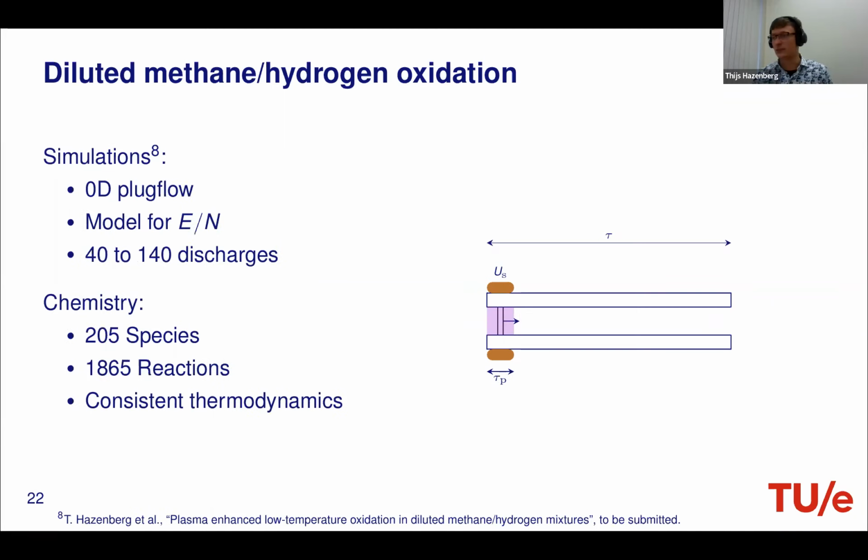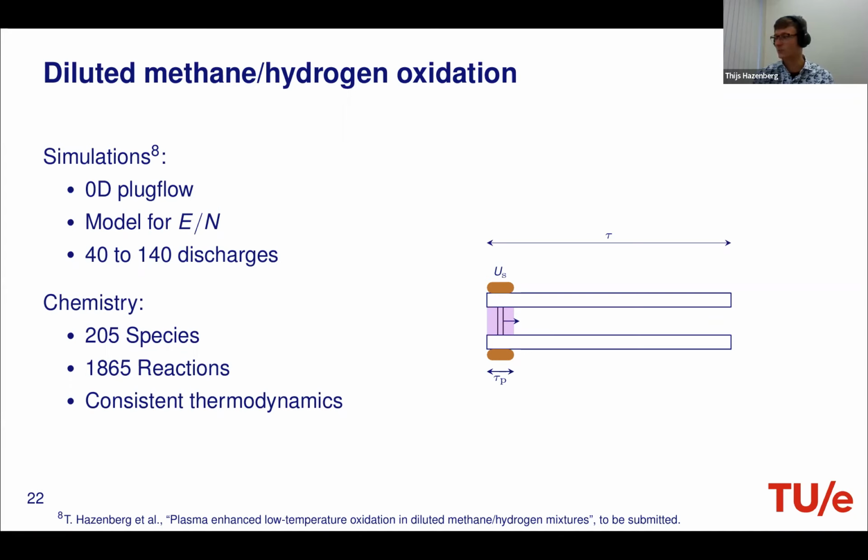I have made a model for this, where I model this as a plug flow reactor in a 0-dimensional framework. I model the reduced electric field, and then depending on the temperature of the reactor, the mixture either receives 40 discharges or 140 discharges.